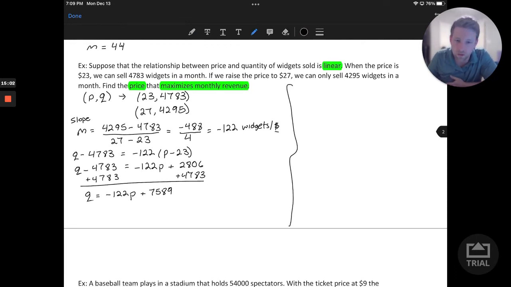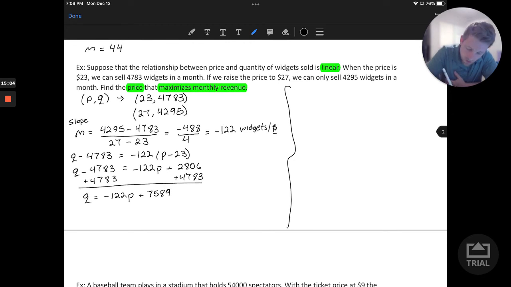So revenue, again, is going to be the price times the quantity, which we know to be, well, P is the price, and then quantity we can represent in terms of price with that Q equation.